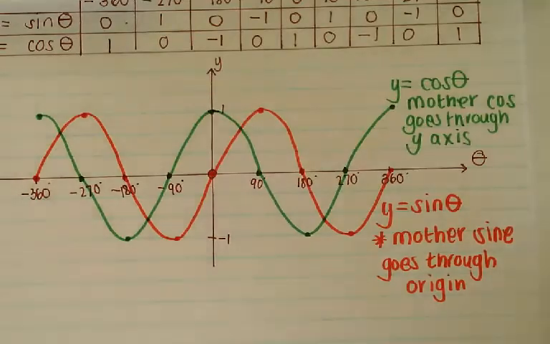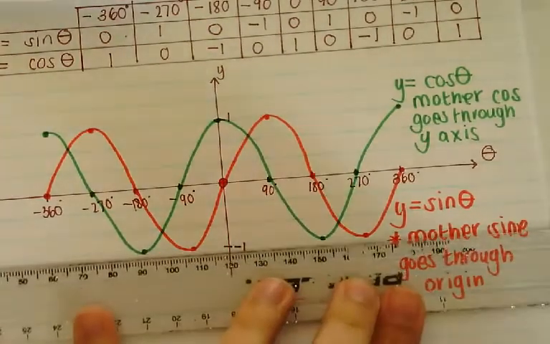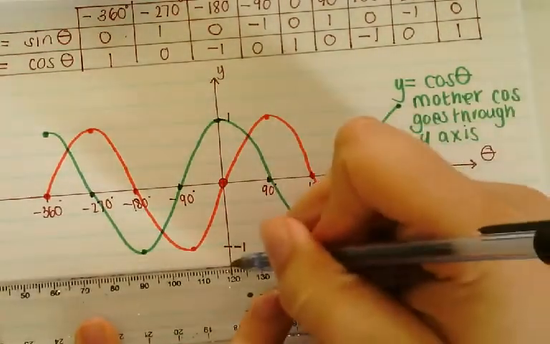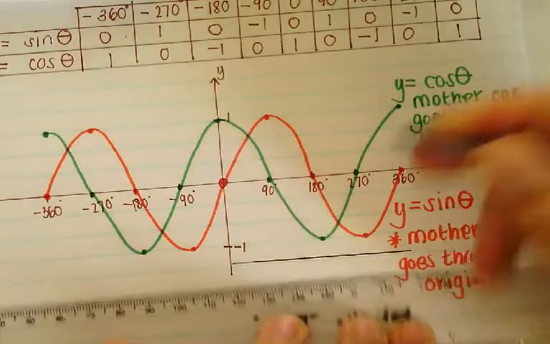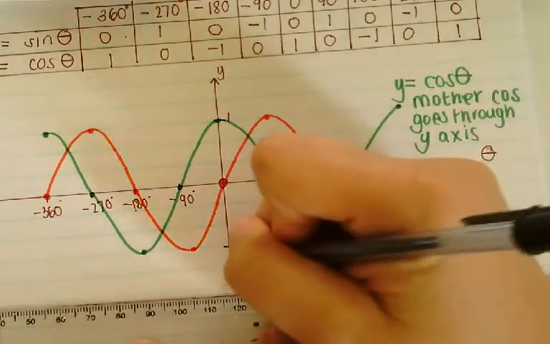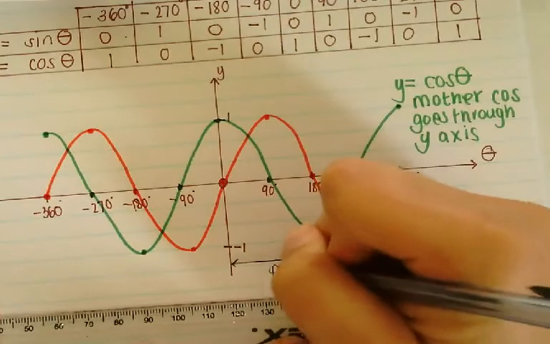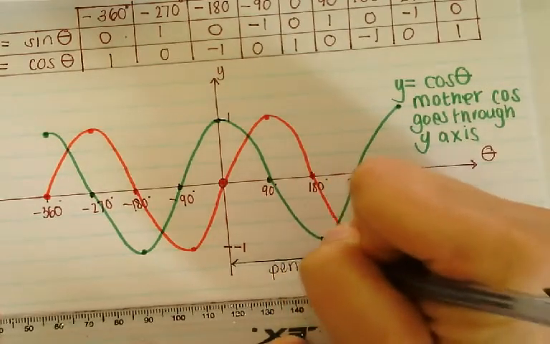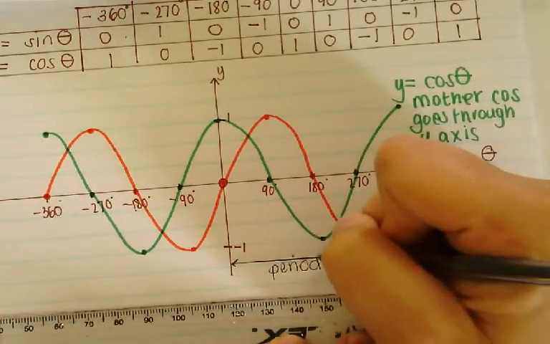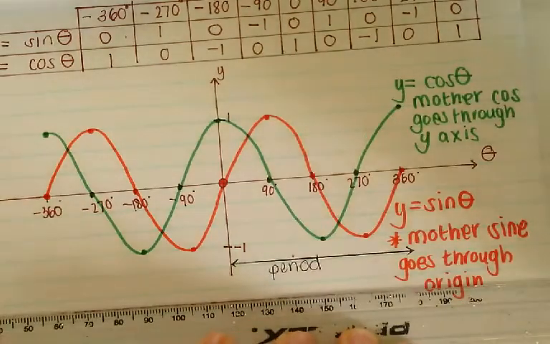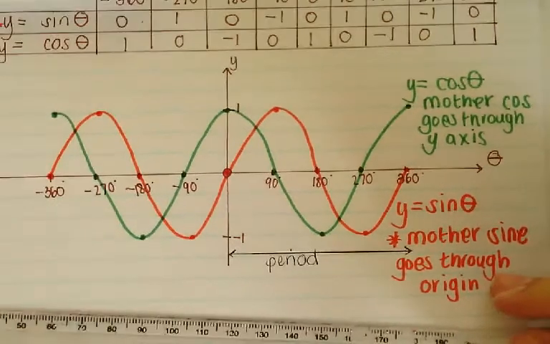From 0 to 360 on the mother graph shows me the period. Just like we have 6 periods in the day, it's the same word, period.